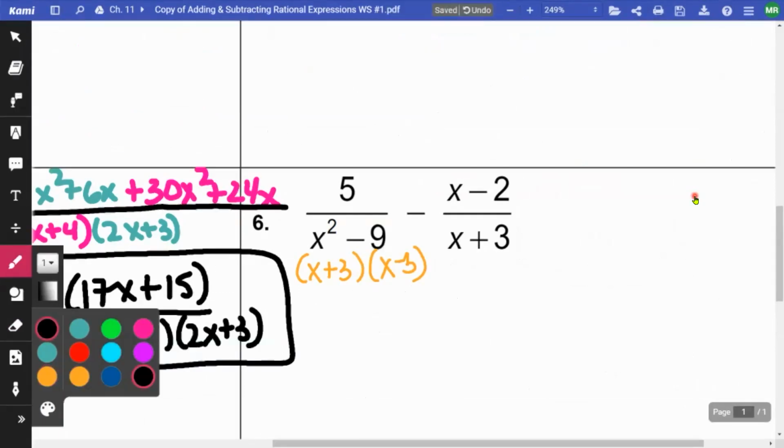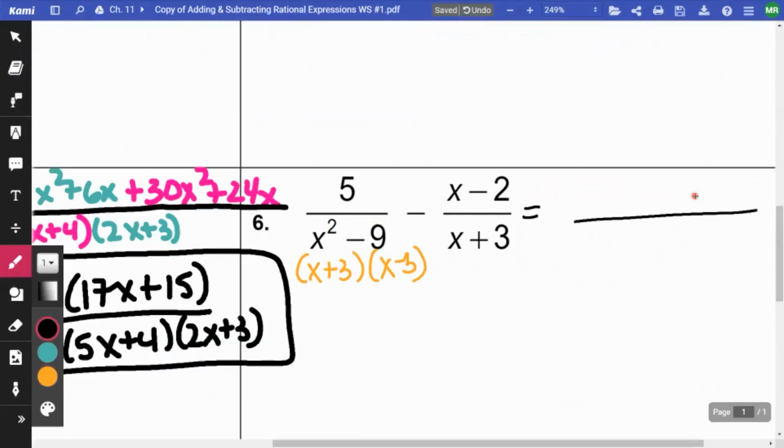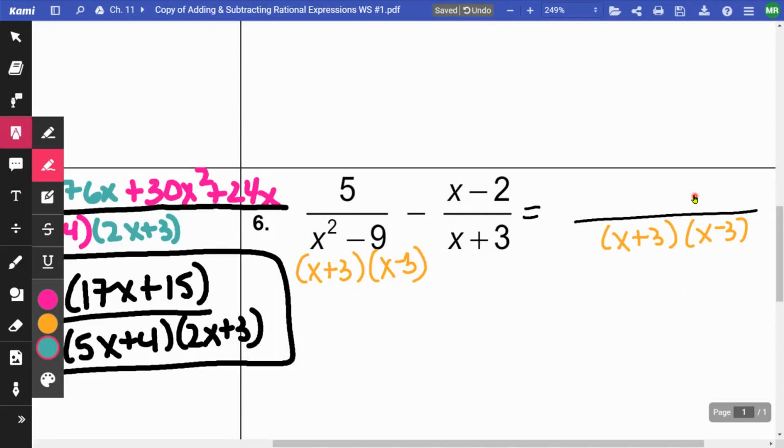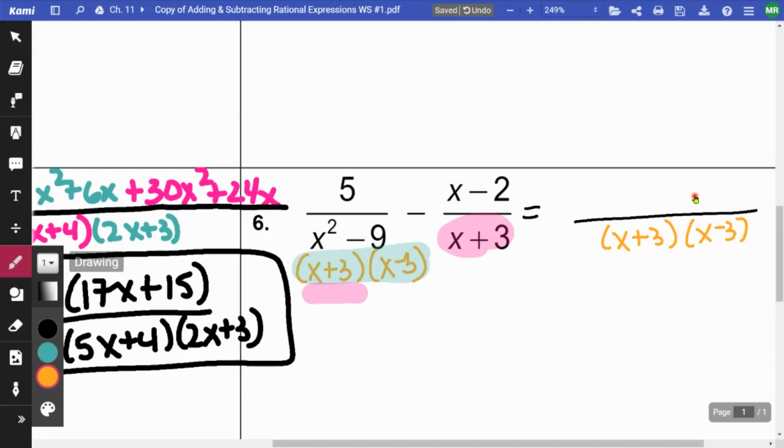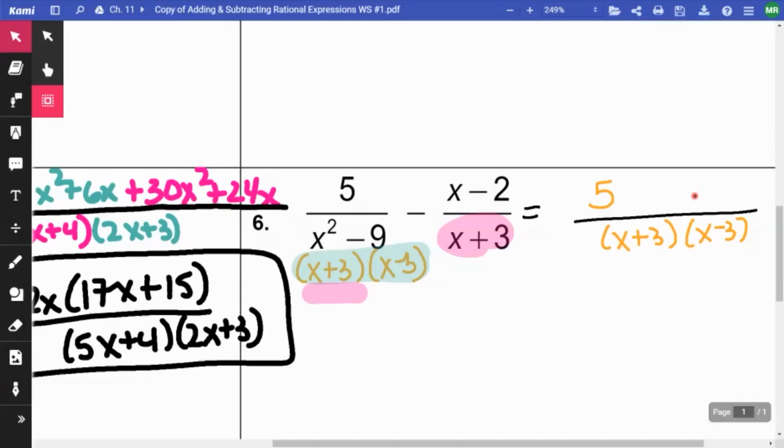So when I'm looking to get a common denominator, from my first one, I'm going to need x plus 3 times x minus 3. And from the second one, I need an x plus 3, but I already have it. I don't need to list it again. So the first fraction is just going to have a 5. I'm not going to be doing anything to that.